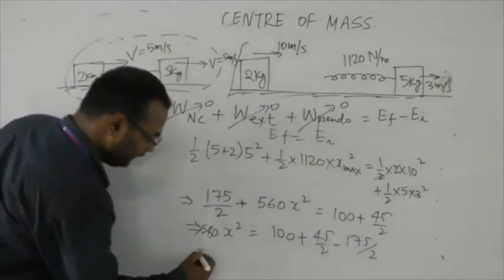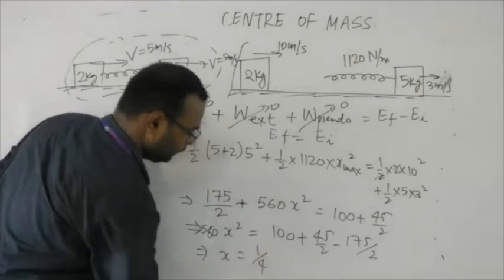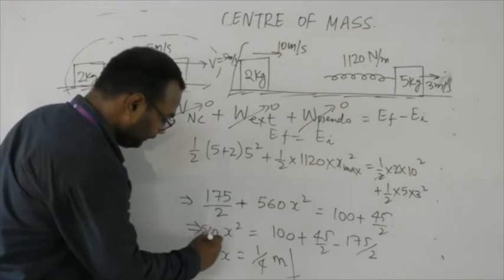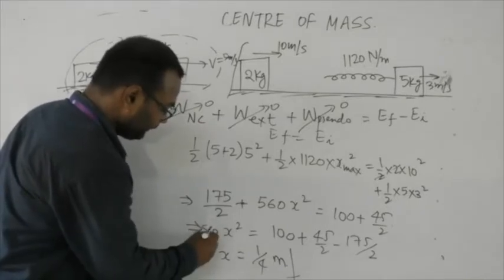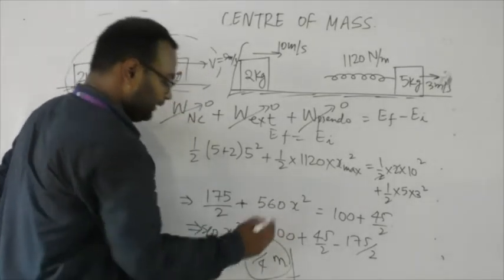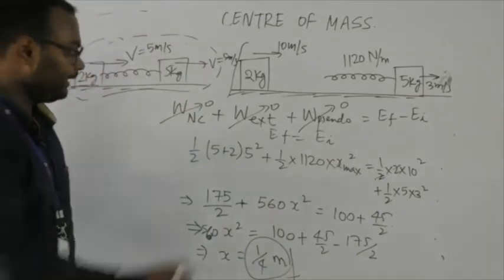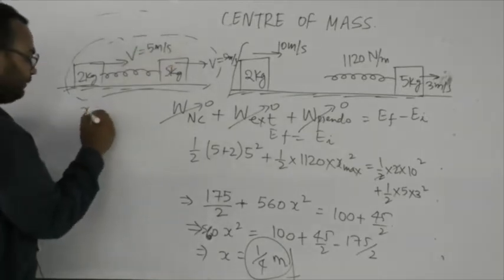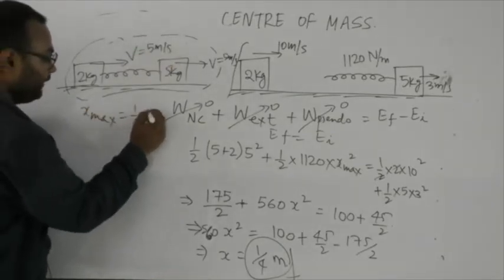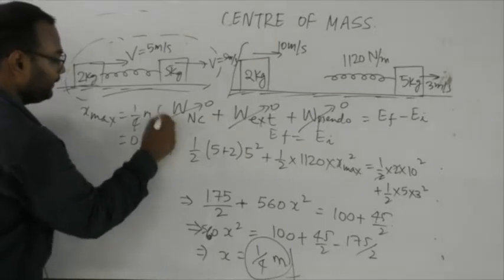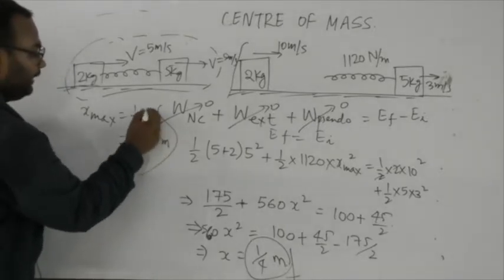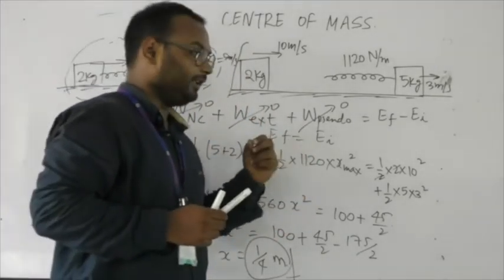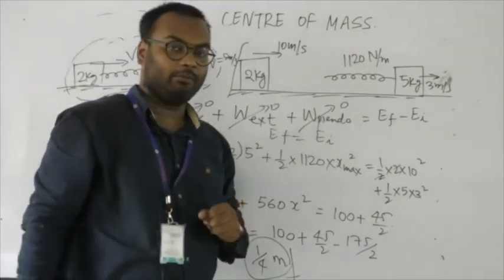When you solve this equation, you will get 1 by 4 meters. So solve it and check. At the time of maximum compression, they have the same velocity, and the maximum compression you get is 1 by 4 meter, that is 0.25 meters. So this is your answer, and this is the way to use conservation of momentum and conservation of energy together with center of mass problems.